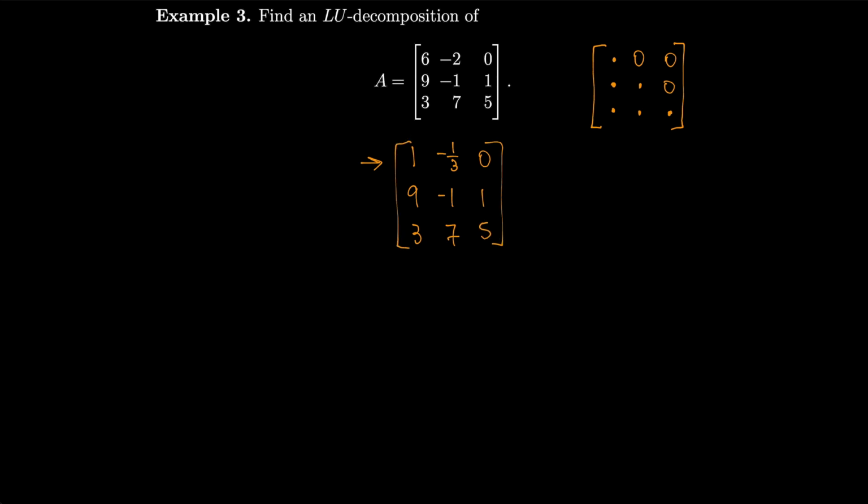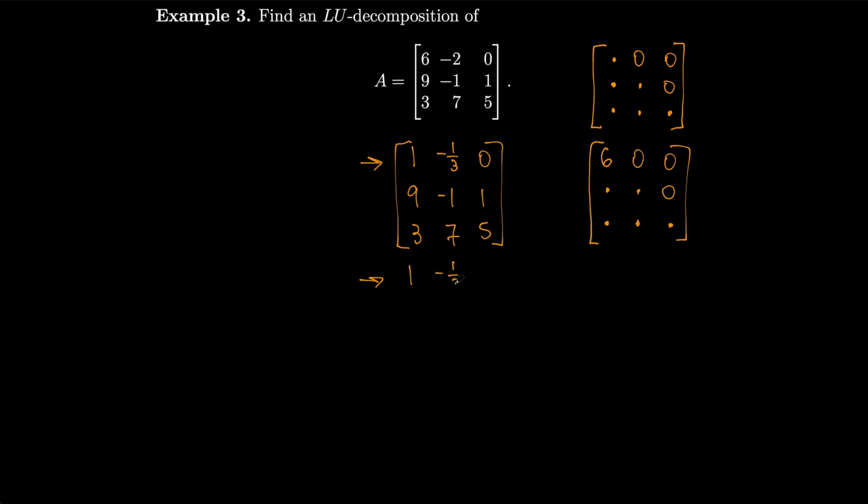So what I did here was I took 1/6 of that, so that means that the inverse would have a 6 in it, so I could just put a 6 in for that dot. And the other ones I still don't know yet, so I'll just fill those in, and I still have my zeros. So you could just fill it in dot by dot, and then you'll build your L. Okay, so let's keep going.